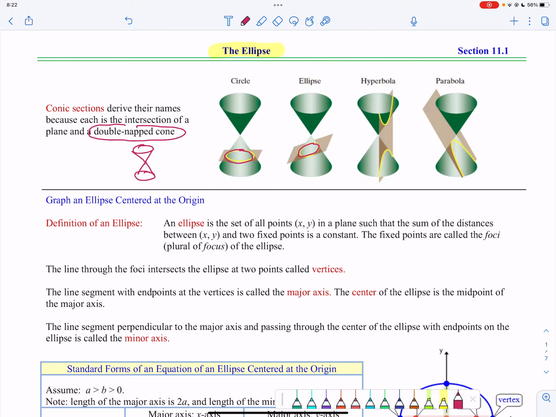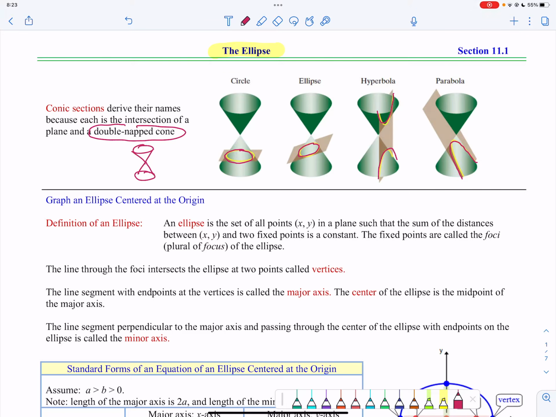The hyperbola is a vertical cross section through the double napped cone, and you can see that that is the hyperbola. And then at an angle not intersecting one of the cones, we have the parabola.